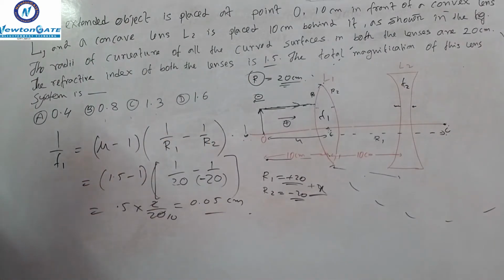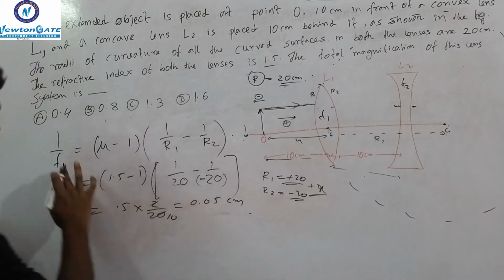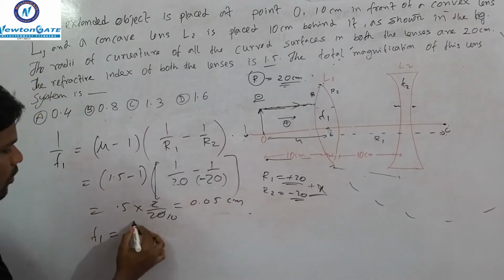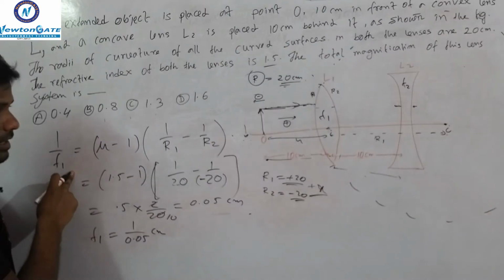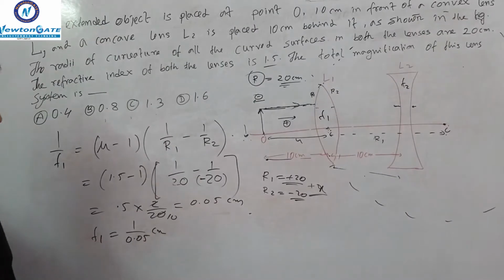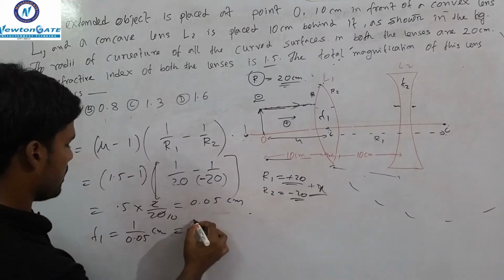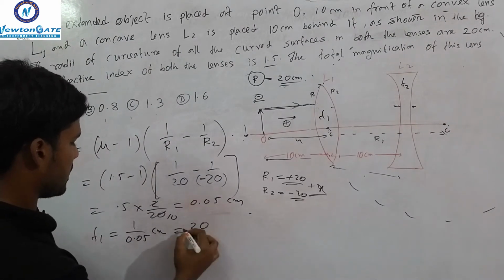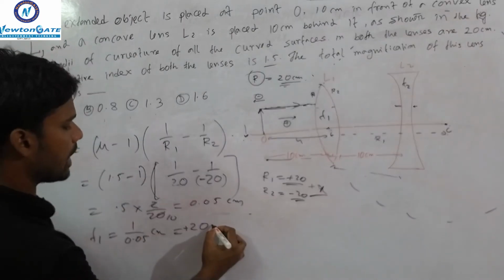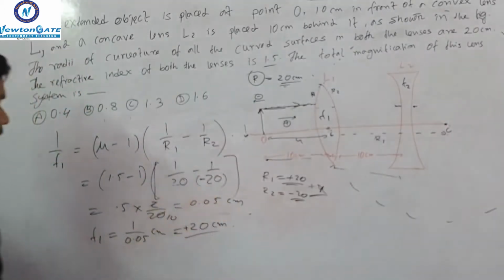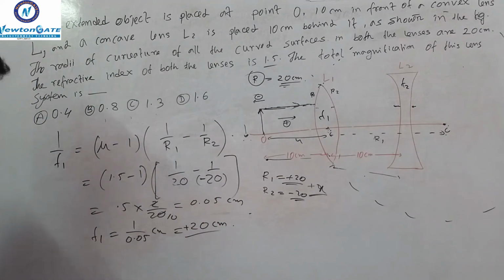Sorry, this is not f1, because this is 1 by f1, and the value is 0.05. So f1 is 20, plus, because all values are positive. So plus 20 centimeter. This is f1, right?